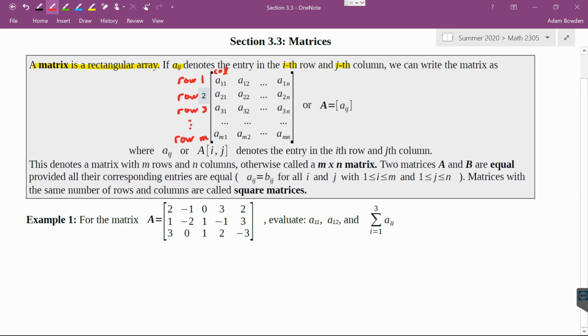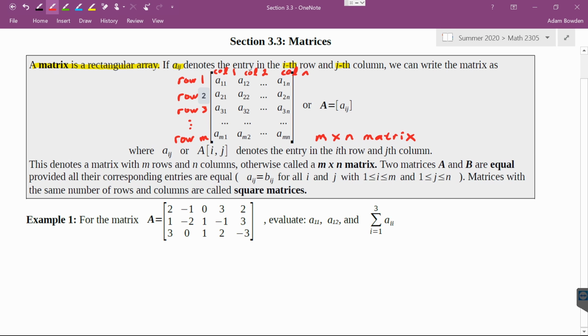And then we have column 1, column 2, all the way over to column n. So this matrix that we're illustrating here is what we call an m by n matrix.